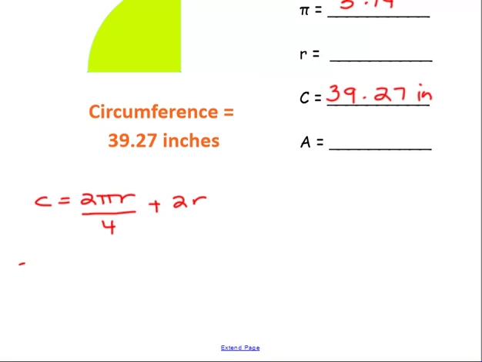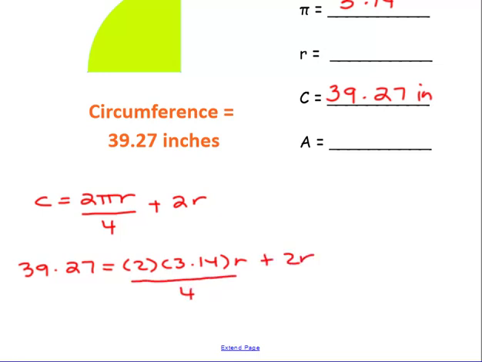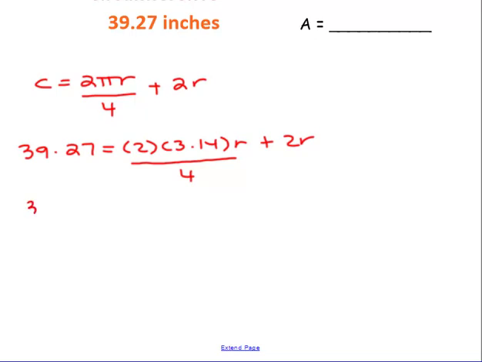So our circumference is 39.27 equals 2 times 3.14 times r divided by 4 plus 2r. So 39.27, I'm going to simplify the top, equals 6.28r divided by 4 plus 2r.